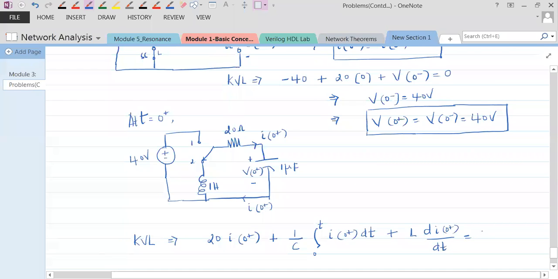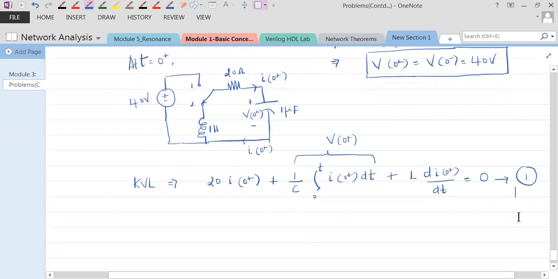The algebraic sum of all these voltages should be 0. Everybody understand that? So call this equation number 1.